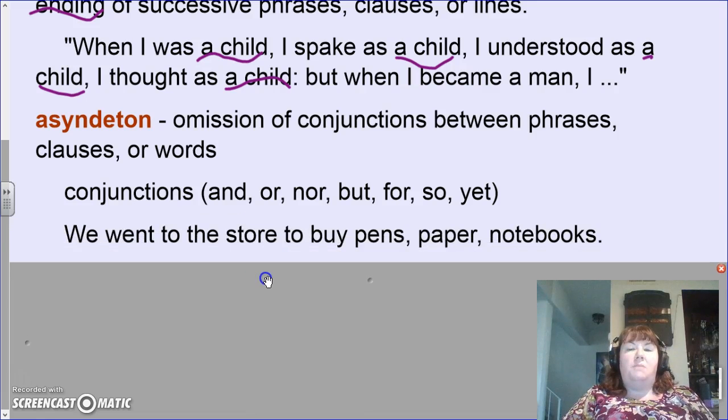So you use something more along the lines of this: we went to the store to buy pens, paper, notebooks. This right here in between paper and notebooks is where you would normally see an "and." But in this case, because the author on purpose chose with their word choice not to put the conjunction here, in actuality they're using an asyndeton.